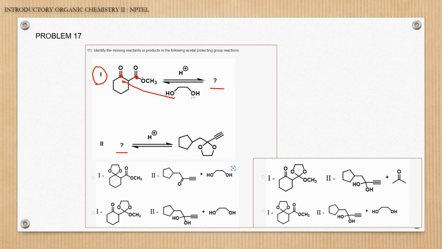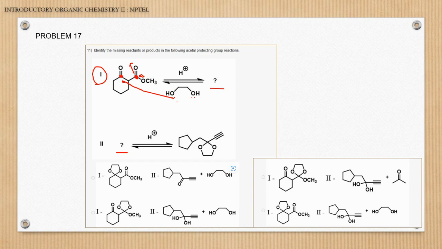Why? Because the oxygen lone pair here is in delocalization with this ester, which is making this carbon less electrophilic than ketone. So that is why this oxygen lone pair will attack onto this carbon and give you the protected diol.